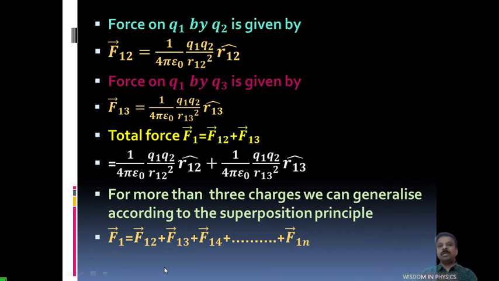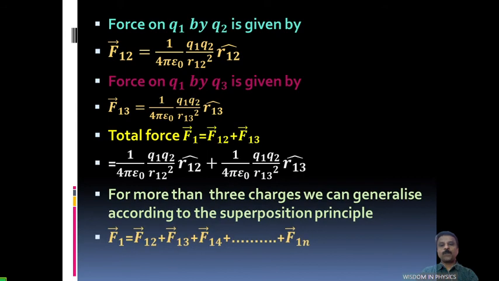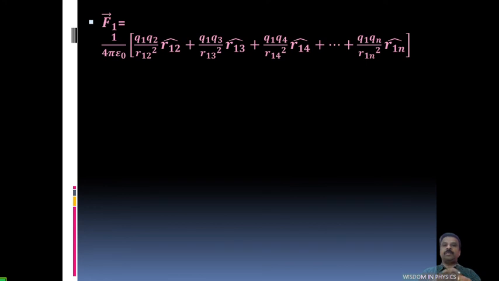When we have more than three charges, we can generalize according to the superposition principle. We may have n number of charges in the system. All the charges can exert force on the charge Q1, and the net force can be found using the superposition principle: F1 vector is equal to F12 vector plus F13 vector plus F14 vector plus and so on up to F1n vector. 1 upon 4 pi epsilon naught is a common term, you can take it out, then add all the remaining terms.